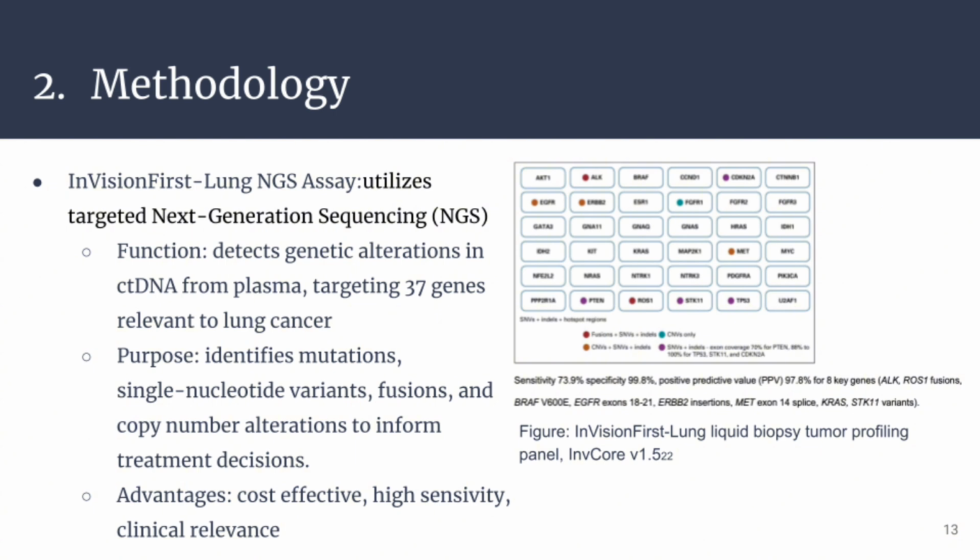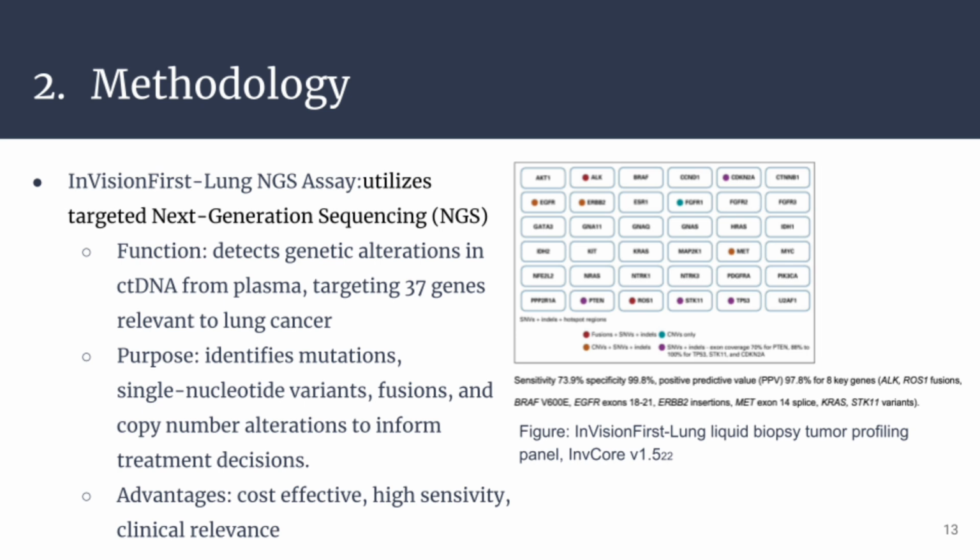It targets the 37 genes relevant to lung cancers as represented in the figure. The purpose is to identify the genetic mutations, single nucleotide variants, fusions, and copy number alterations that can inform the treatment decisions.